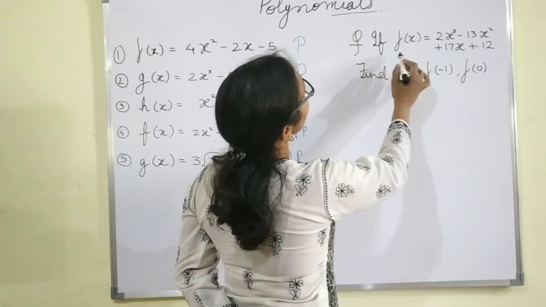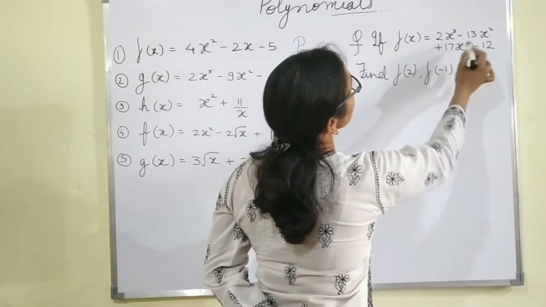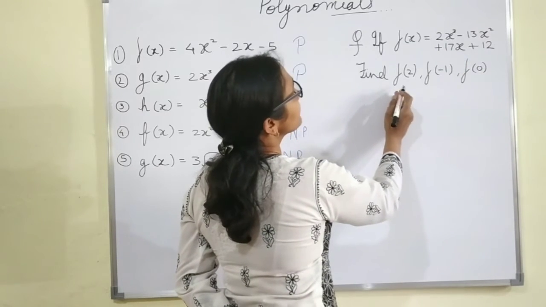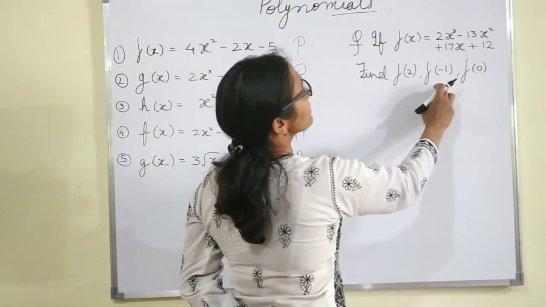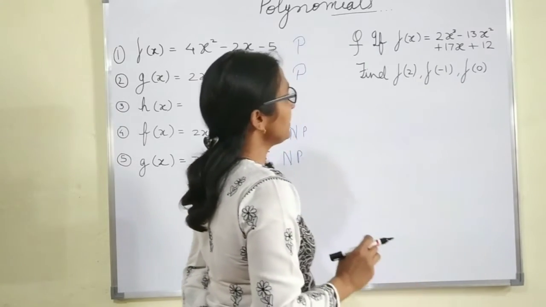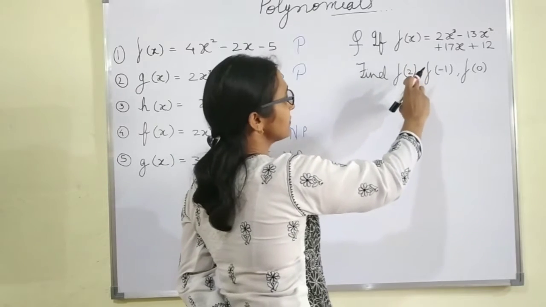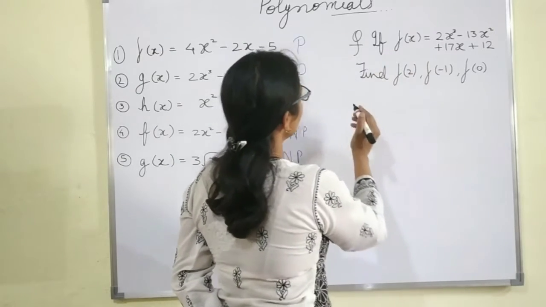Now if f(x) equals 2x cube minus 13x square plus 17x plus 12, find f(2), f(-1) and f(0). Means we have to substitute the value of x in this question.